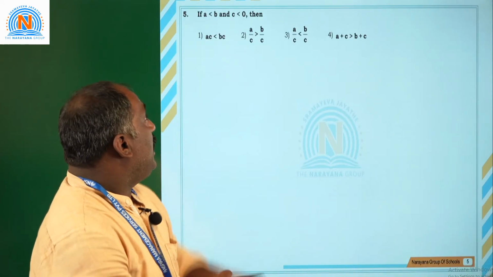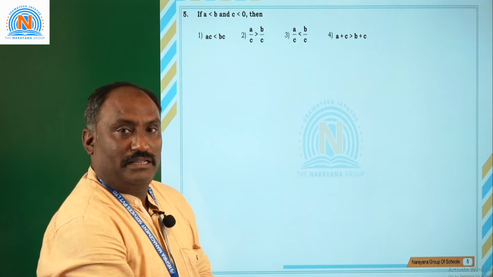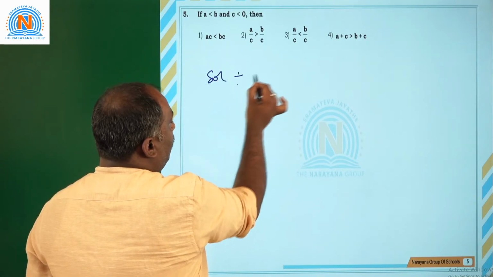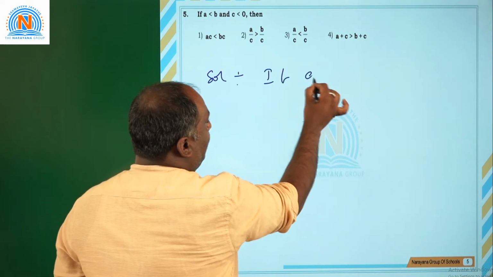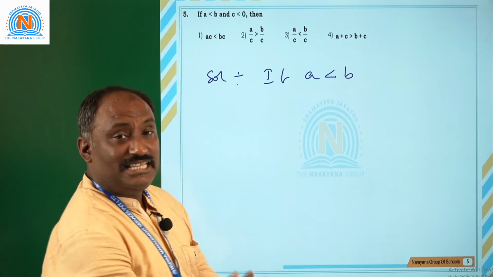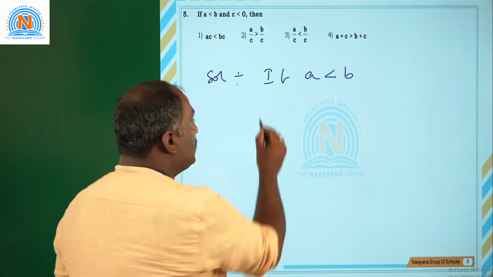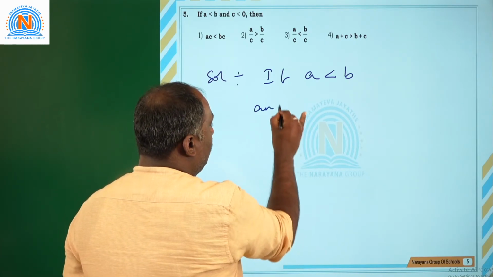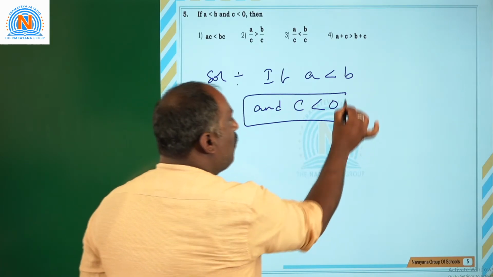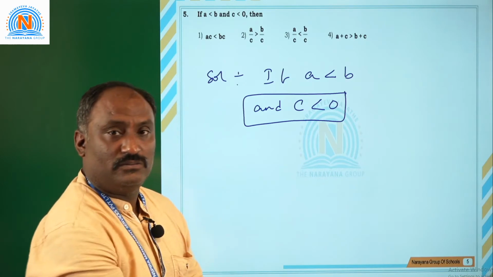So if a is less than b, they are telling very clearly in the solution, if a is less than b, and c is less than 0, this is very important children. What is the meaning of c is less than 0?